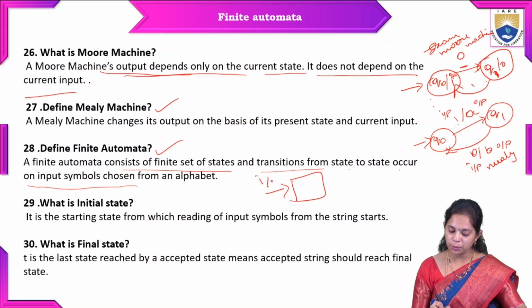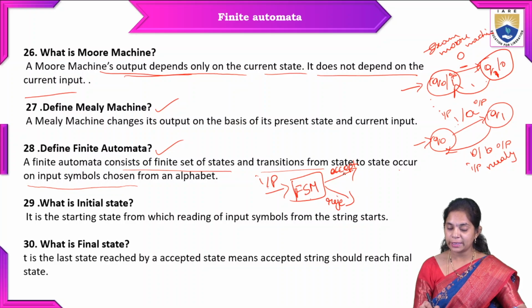Here this is the input and this is the FSM, finite state machine, and when we give the input to the machine, it will either accept or reject. So we have only two outcomes here.